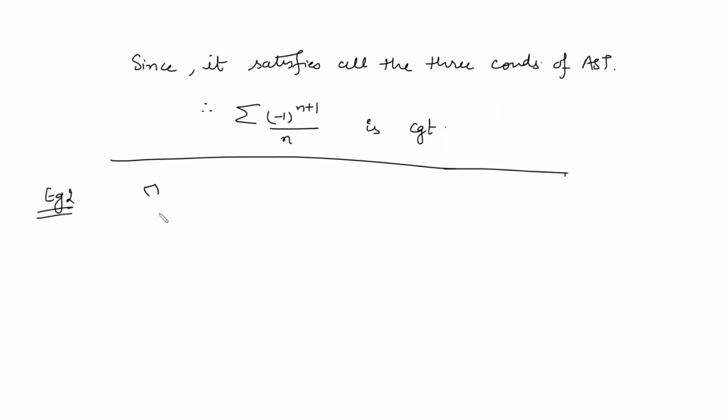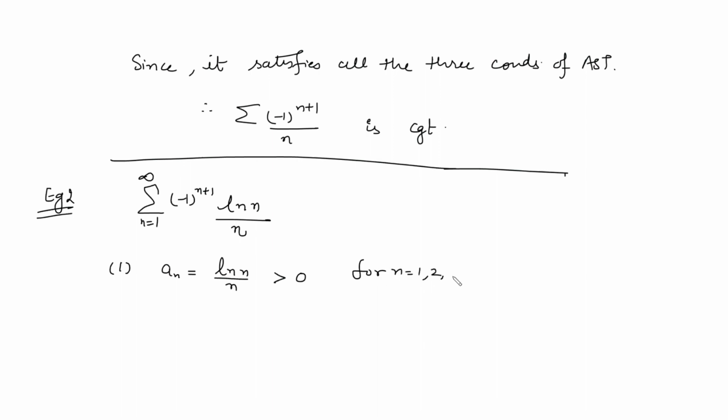Let's suppose we have to check the behavior of the series ln n by n times minus 1 to the power n plus 1, where n is varying from 1 to infinity. Again the terms are ln n by n. Clearly they are greater than 0 for every n varying from 1, 2, 3 and so on.